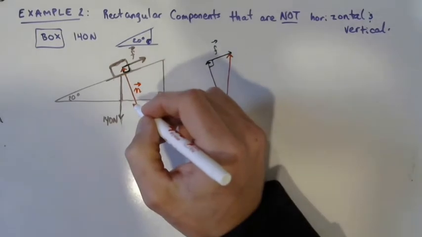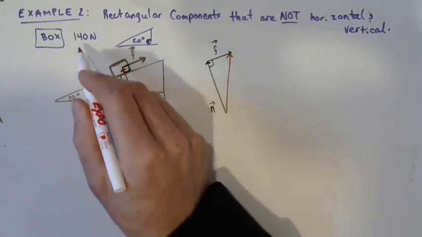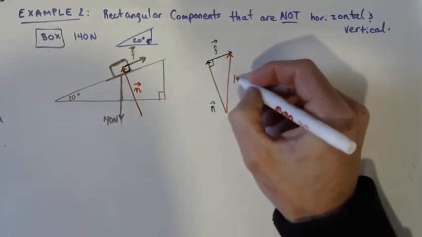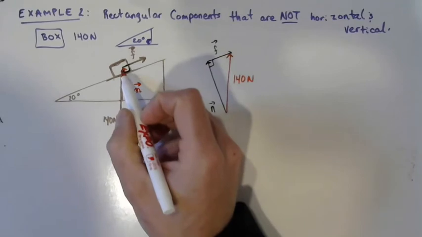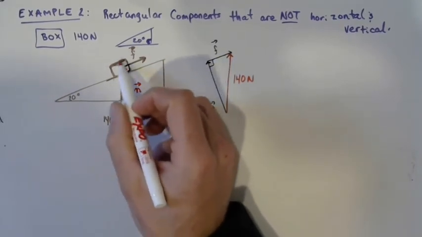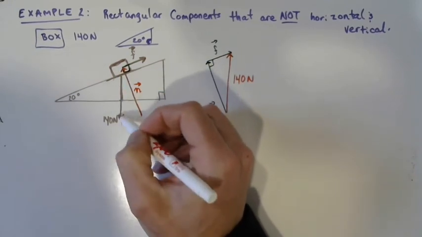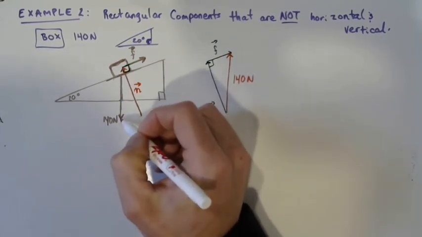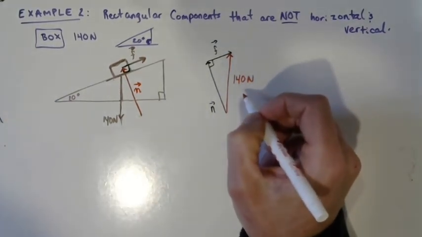It's the vector that ends up holding up this 140 newtons. It's going to cause equilibrium, right? We said this vector plus this vector causes equilibrium. It causes the box to stay at rest. It balances out the force of the box itself wanting to come down. Okay, so that's an upward vector, 140 newtons.